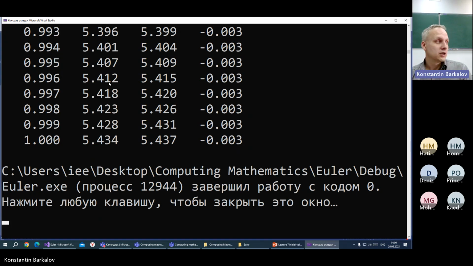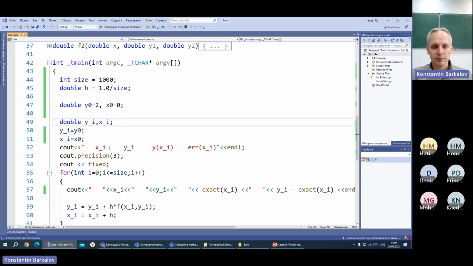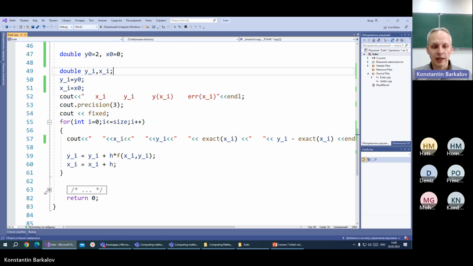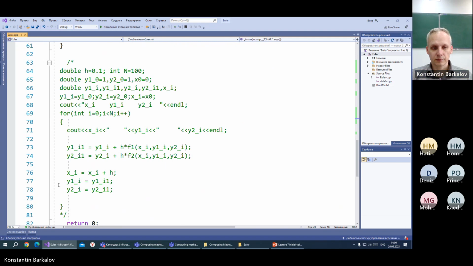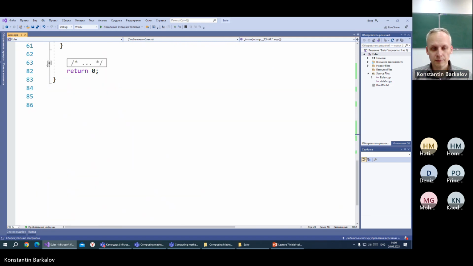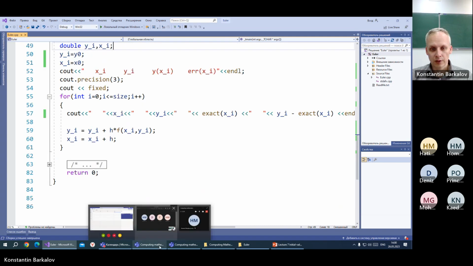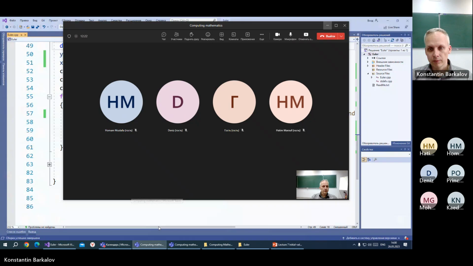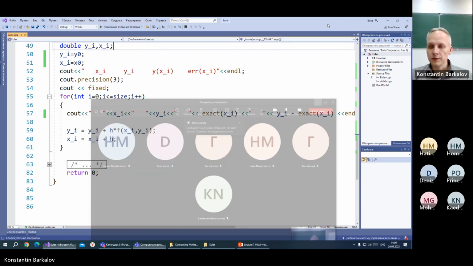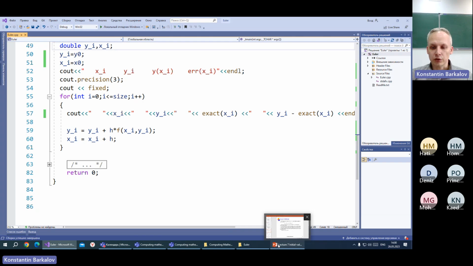It means that Euler's method is a first order method. I increase the number of steps 10 times, and the error decreases 10 times too. Well, this is a very simple implementation of Euler's method. If you don't have any questions, let's come back to the presentation.